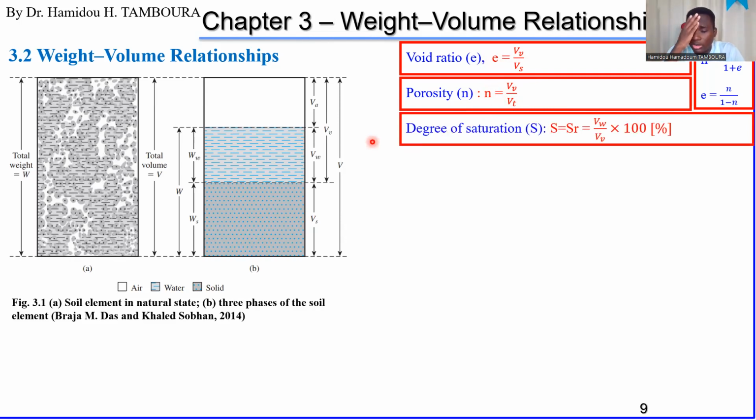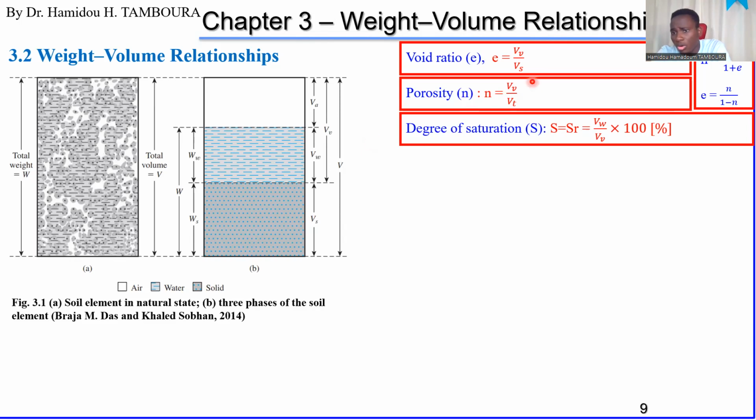Next, the degree of saturation. Sometimes we need to know if all the voids are filled with water, or the amount, like the percentage of filling. So for that, we divide the volume of water by the total volume of void. In that case, it will indicate if all the voids are filled with water or not, or if it is 100% filled with water or not.